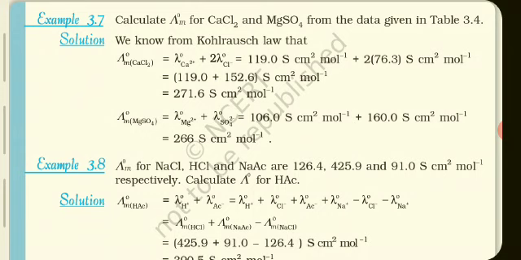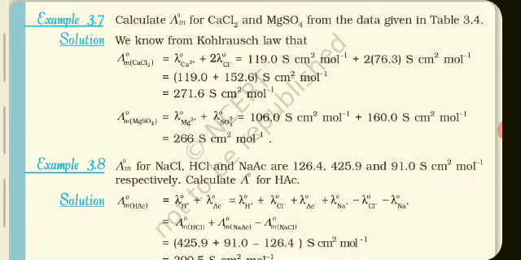The molar conductivity of chloride ion is 76.3 Siemens centimeter square mole inverse, so it will be multiplied by 2, so it becomes 152.6. So for calcium ion we will write 119 plus, for 2 chloride ions we will write 152.6. If we total these two, we will get 271.6 Siemens centimeter square mole inverse.